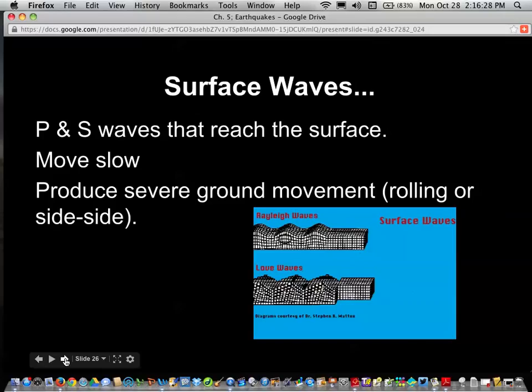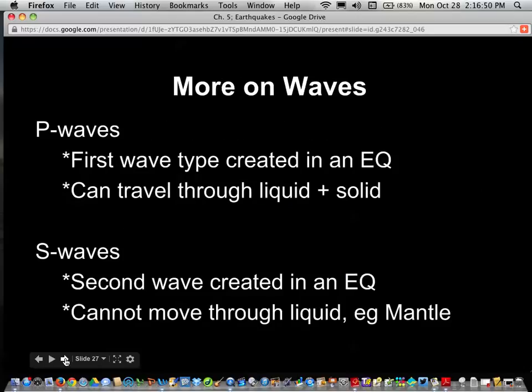They produce severe ground movement, rolling or side to side movement. There's two types of surface waves called Rayleigh waves and Love waves. The Rayleigh waves are up and down surface waves, and the Love waves are a side to side surface wave.